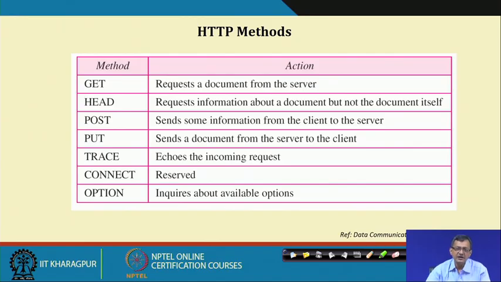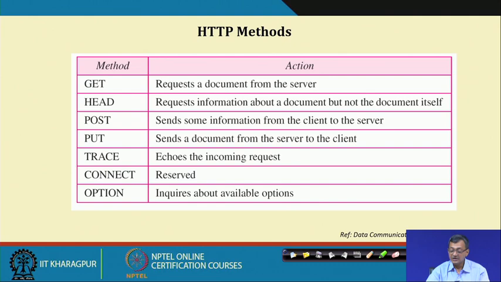So, there are different HTTP methods. One is the GET method, which requests a document from the server. The HEAD method requests information about a document, but not the document itself. The POST method sends some information from the client to the server. PUT sends a document from the client to the server.